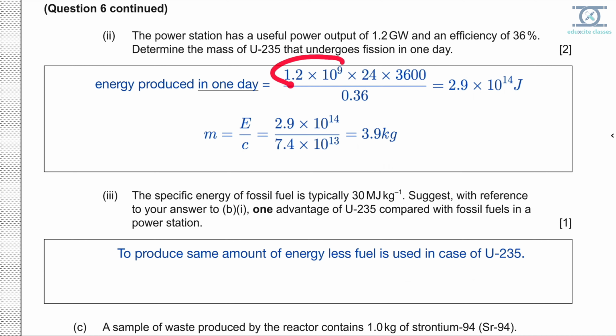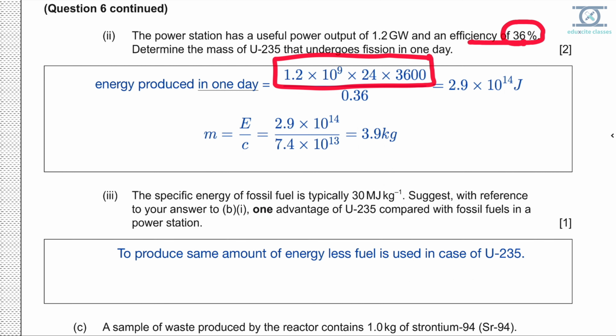The energy produced in 1 day is power times time. In 1 day there are 24 hours, converted into seconds by multiplying by 3600. So this much is the amount of energy which is produced in 1 day.